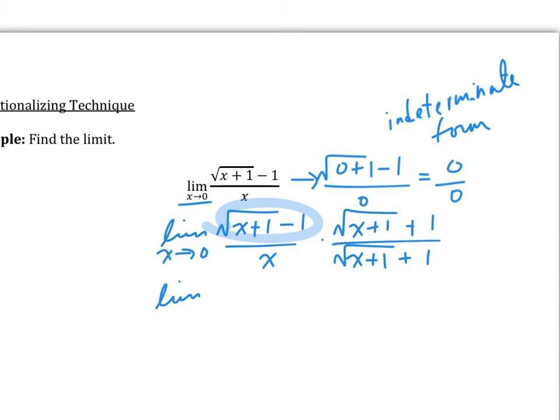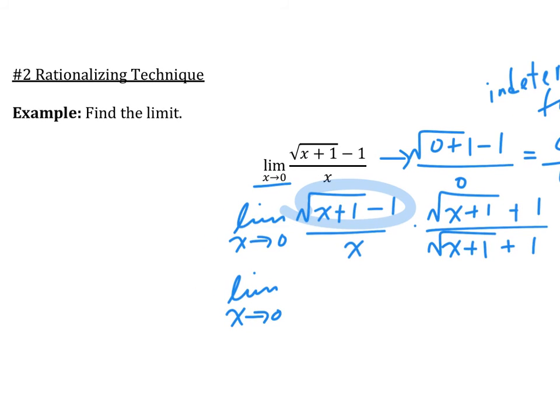So limit as x goes to 0. In the numerator, if you recall, this is a minus b times a plus b, which ends up being a squared minus b squared. So if you think of this as a, this is b, this is a, this is b, we're going to end up with a squared minus b squared.